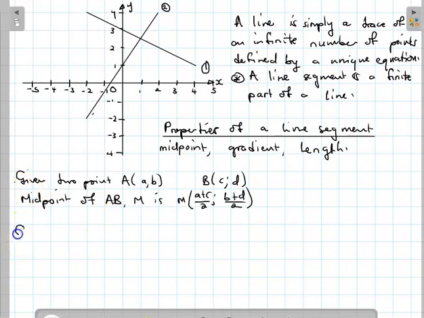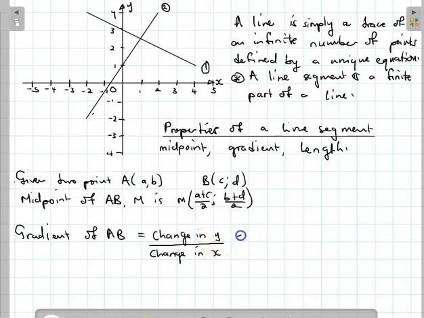Now, what about the gradient? The gradient of AB is simply equal to the change in y over the change in x. When you say the change, we are talking about the change in distance.